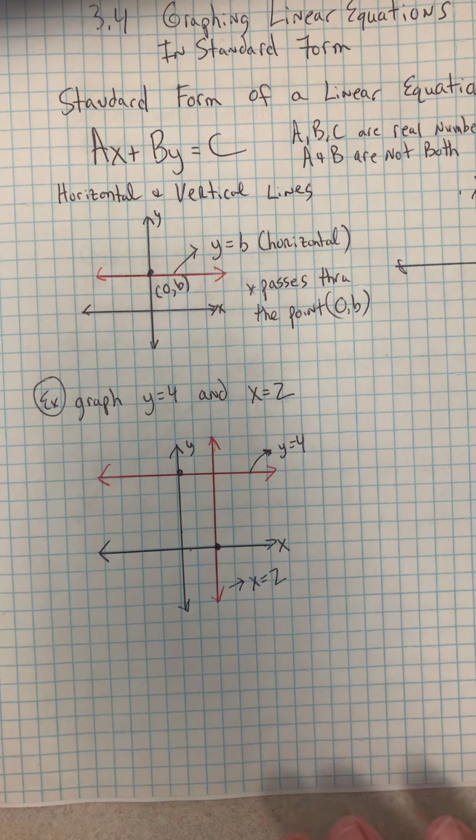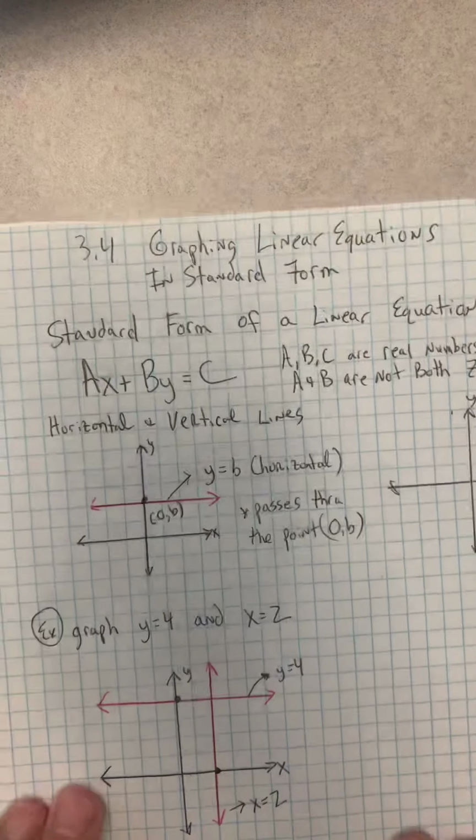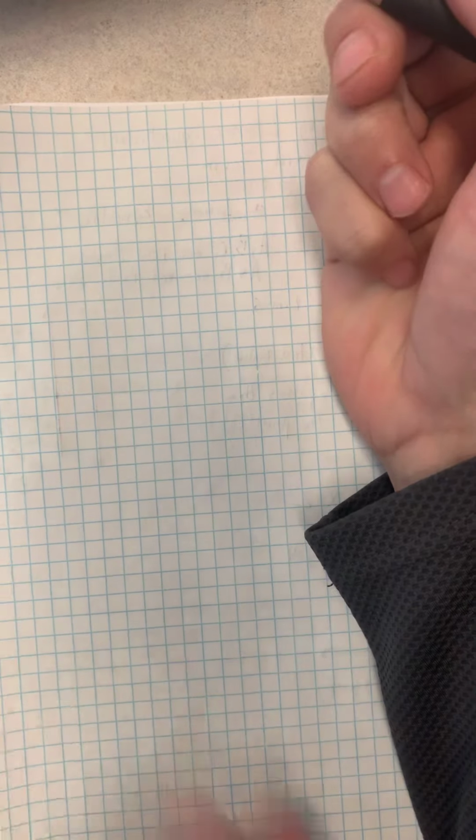Here is how we are going to graph with intercepts. I'm going to flip this over, start a new sheet here. When we see something in standard form, you will also see that called intercept form.